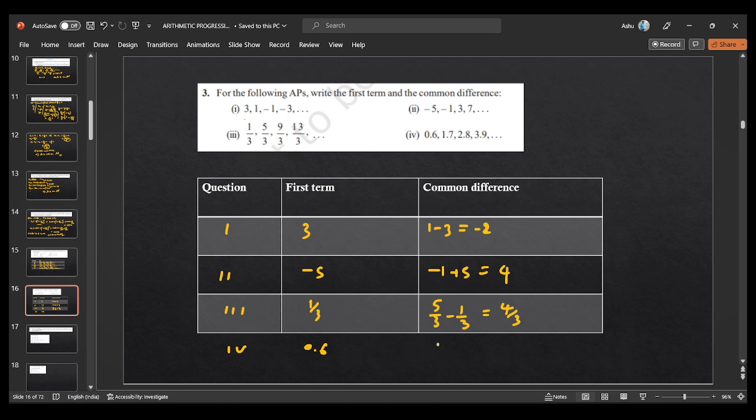Here 1.7 minus 0.6, 17 minus 6 will be 11, so 1.1 will be the common difference.